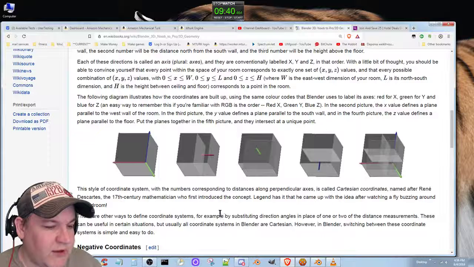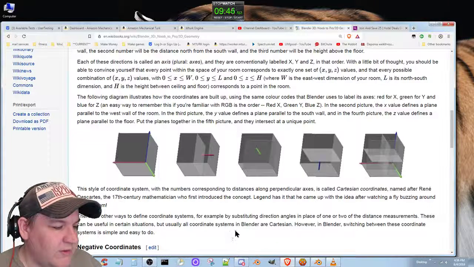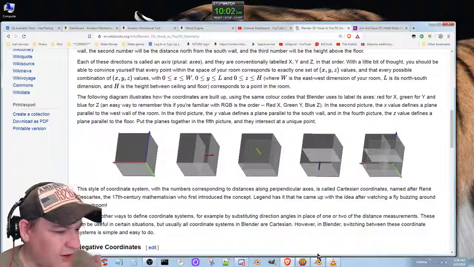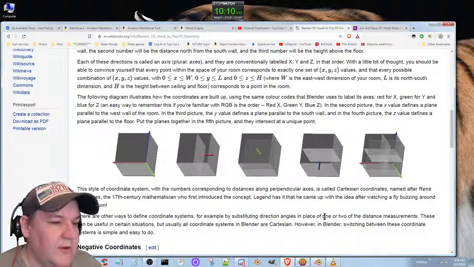Legend has it that he came up with the idea after watching a fly buzz around his bedroom. There are other ways to define coordinate systems, for example, by substituting direction angles in place of one or two of the distance measurements. These can be useful in certain situations, but usually all coordinate systems in Blender are Cartesian. However, switching between these coordinate systems is simple and easy to do.